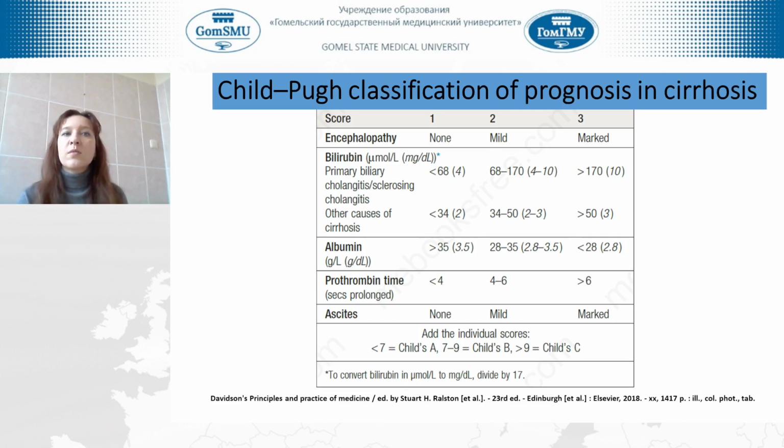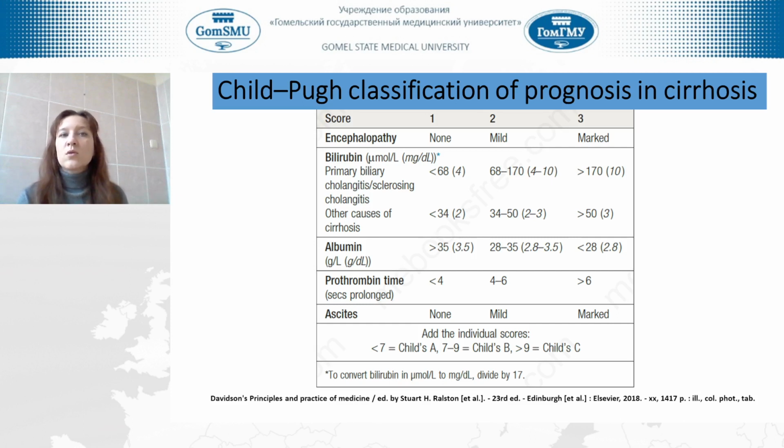Bilirubin, for primary biliary cholangitis and sclerosing cholangitis: less than 68, in mild stage B 68 to 170, and in the third more than 170.